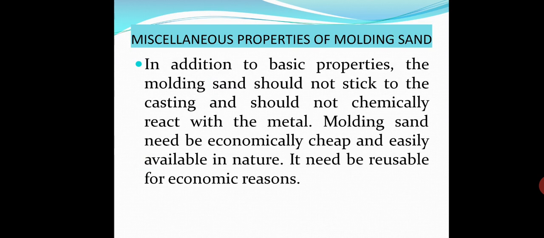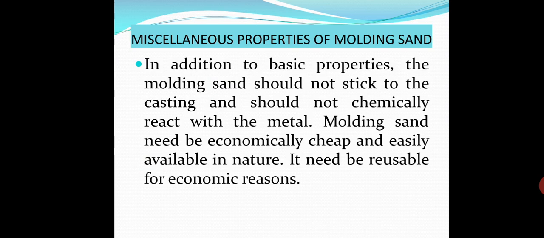This molding sand is used to prepare the mold, which is the skeleton of the casting. We have to prepare the pattern, and with the help of the pattern we create a cavity through which the molten metal will be poured.